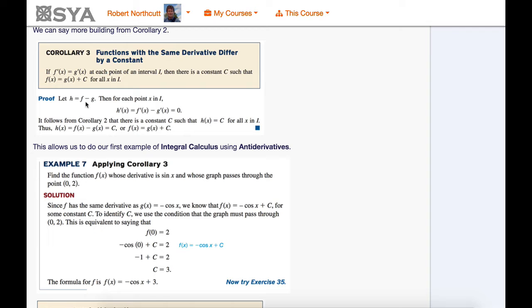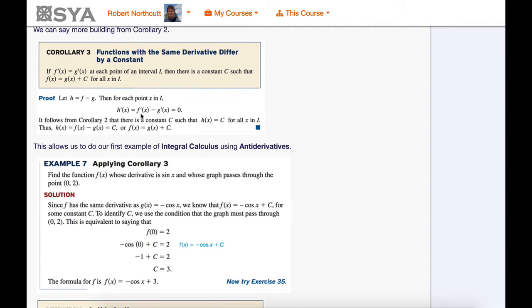And the proof is fairly straightforward. And it also uses the mean value theorem. It says that let's define a new function h, which is just the difference of f and g. Whatever f and g are, it's the difference. Then by our property of derivatives, h prime would be f prime minus g prime. We're just differentiating f minus g.